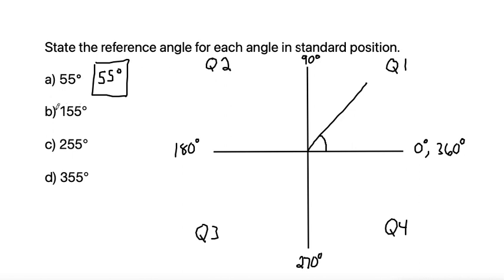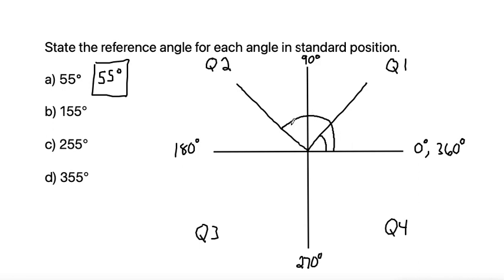Moving on to part B. Part B is 155 degrees for the angle in standard position. So 155 is between 90 and 180, so that's going to be somewhere over here in quadrant 2. For 155 degrees, that's going to be the angle from the positive x-axis to the terminal arm.